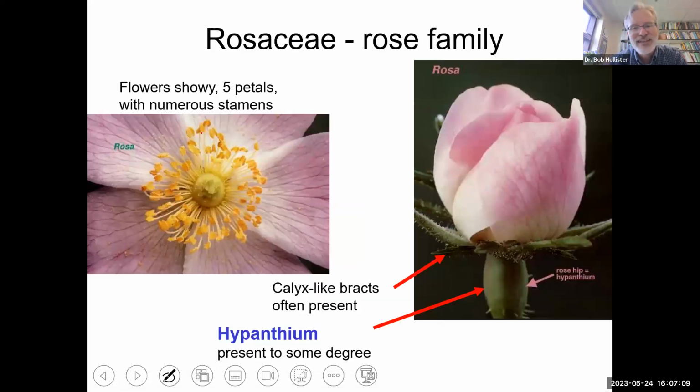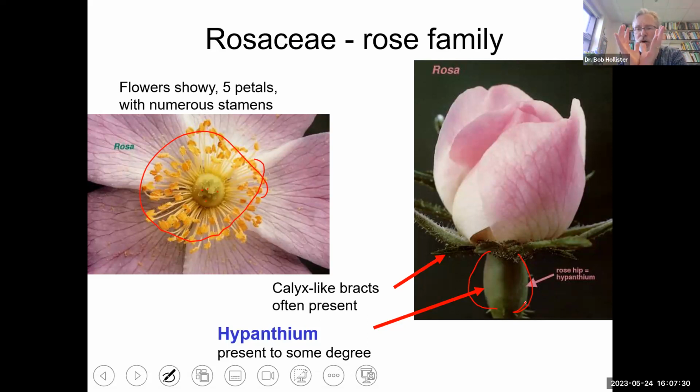So some other things to look for. So here's those lots of stamen, but you don't have those real distinct carpels like we just saw with Ranunculaceae. But there's a hypanthium. So what's a hypanthium? What happens with a rose family?